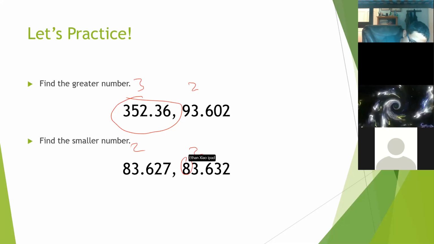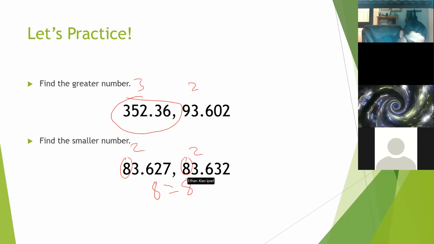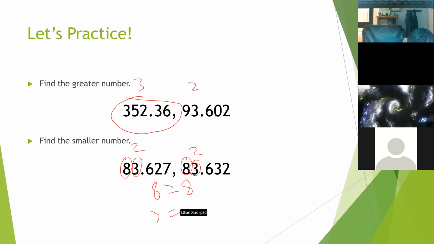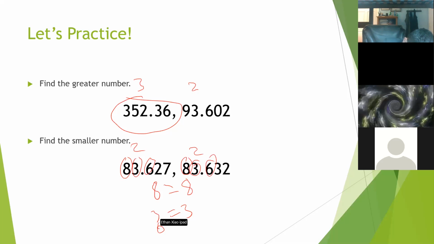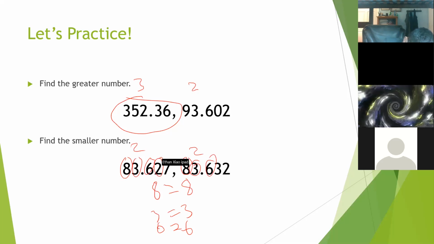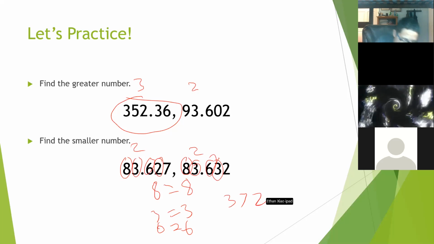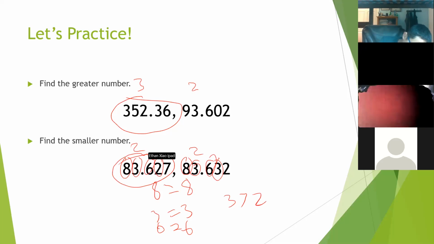So we have 8 and 8. 8 is 8. Next we move on to the second digit, which is 3. 3 equals 3. Next we move on to the tenths digit, which is 6. 6 is 6. Next we move on to this one. And 3 is bigger than 2. So we have to choose the smaller number. So I'm going to choose 83.627 since that's smaller than the other one.